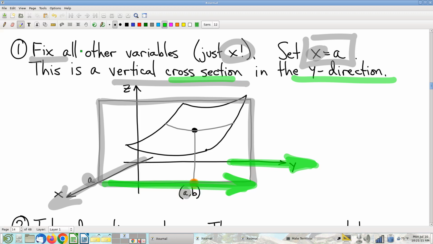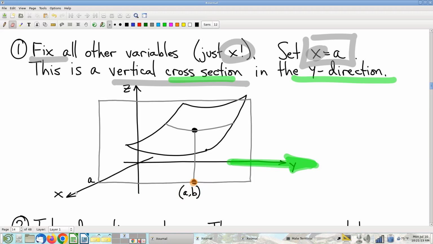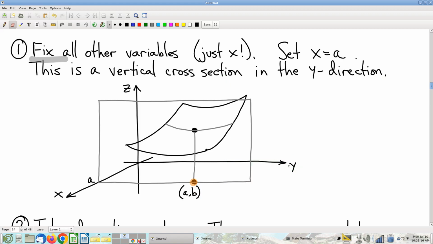Okay, so we fix all the other variables. So in other words, we're looking at this cross section. When you take a cross section of a surface, here's our original surface, that just gives you a curve.